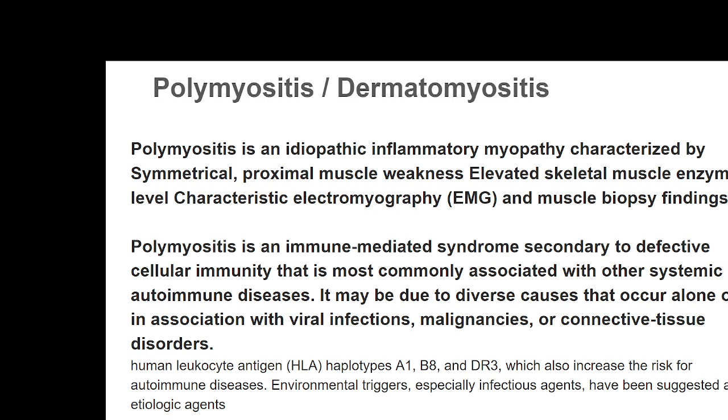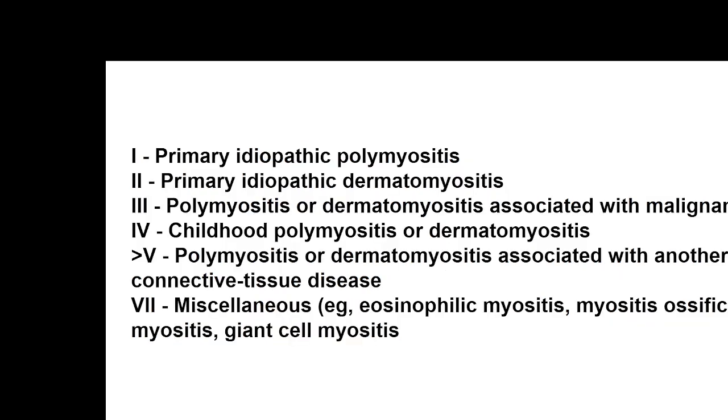I have seen only a few patients in our routine clinical practice, and it can occur as a result of viral infections, malignancies or connective tissue disorders. Particularly scleroderma and polymyositis are almost overlapping, and from the theory point of view they are again categorized into primary idiopathic polymyositis or dermatomyositis, polymyositis or dermatomyositis with malignancy, childhood polymyositis or dermatomyositis as a childhood condition, polymyositis or dermatomyositis associated with other connective tissue disorders, or miscellaneous where we do not see such causes.